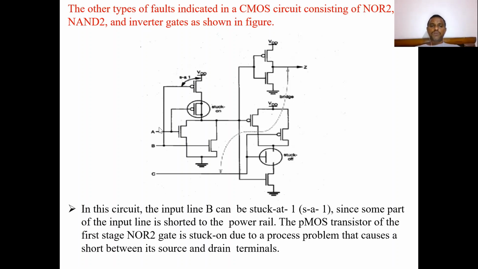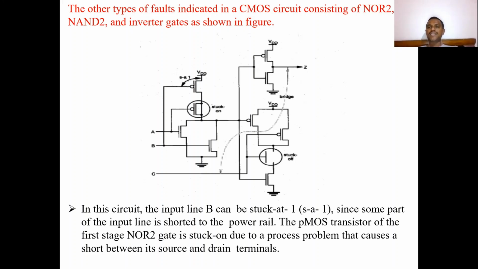So what is that point? In this circuit, the input line B can be stuck at 1 since some part of the input line is shorted with the power rail. You can clearly observe here that in this PMOS, the gate is connected with VDD. Whatever value you apply, it cannot be considered by this gate because it is already shorted with VDD, and that is nothing but logic 1.